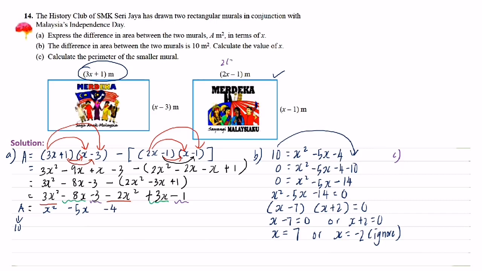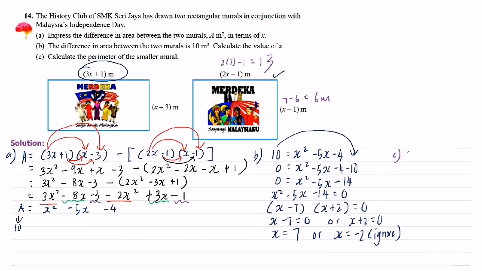So 2 times 7 minus 1 equals 13. Okay, this side 7 minus 1 equals 6 meter.